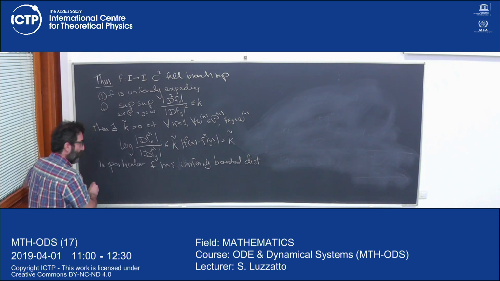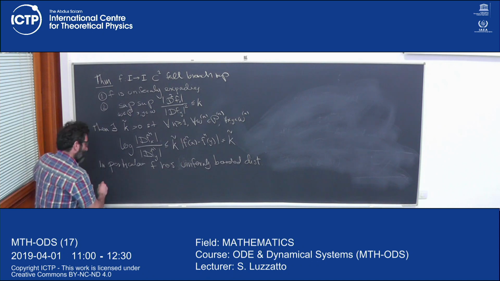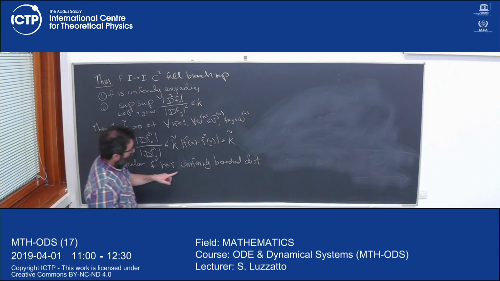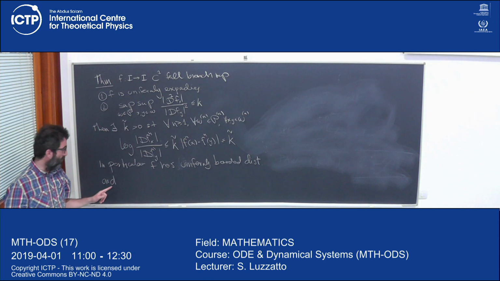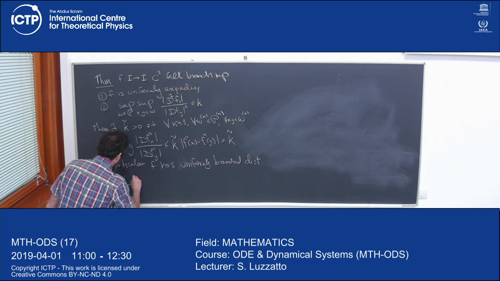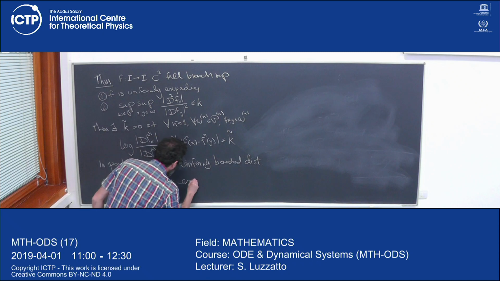And therefore the Gauss map has bounded distortion. And then what we did, we proved that in this case also, what is our conclusion? Because we had a theorem that if a map F is full branch and has bounded distortion, then Lebesgue measure is ergodic. Okay? So Lebesgue measure is ergodic.